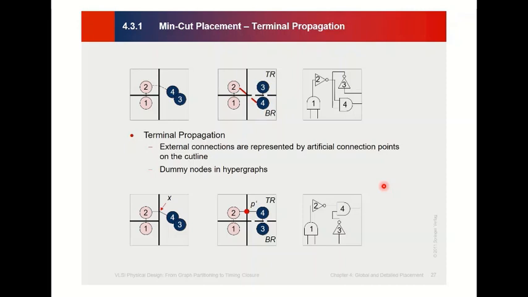Actually, for this min cut placement, there is a supplemental algorithm called the terminal propagation technique. This terminal propagation technique solves the dilemma that we have. To illustrate with a slightly more complicated example, in this case, we have 1, 2, 4, 3 like this.